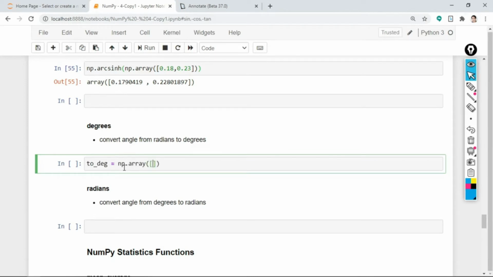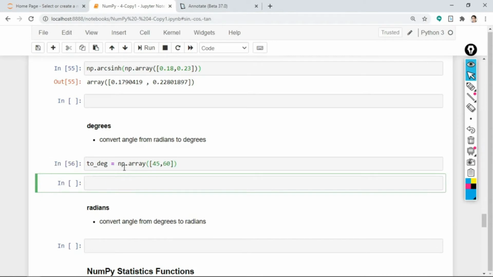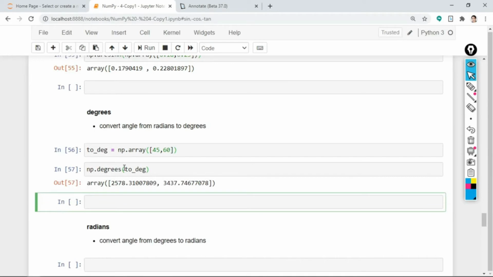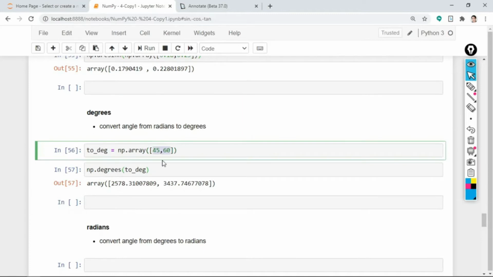For example, we have a radian value here, let's say 40 and 60, let's say 45. You convert this to degrees using np.degrees, which is plural. That's the equivalent in degrees given a radian value.